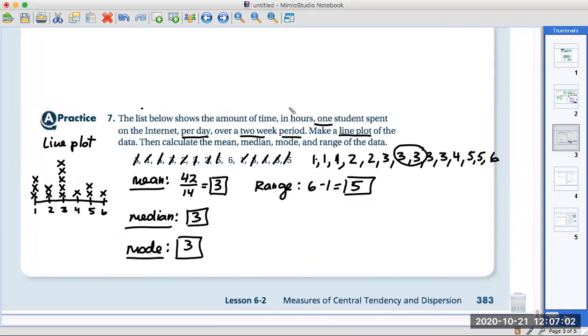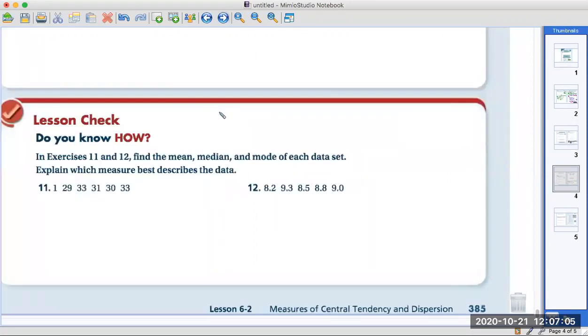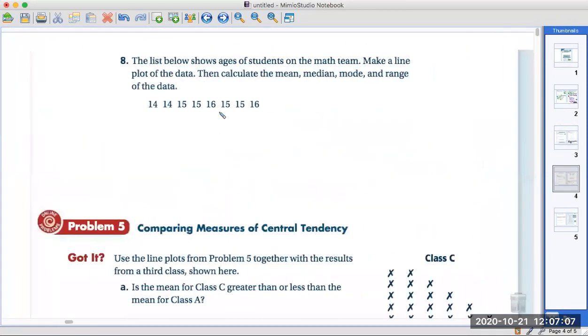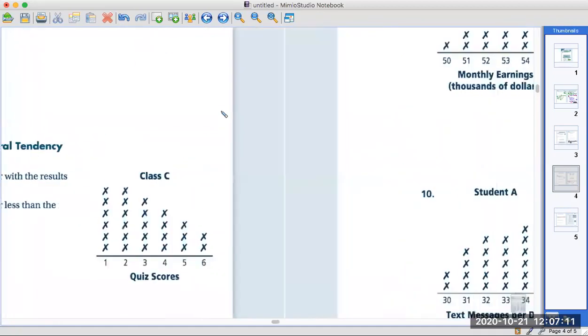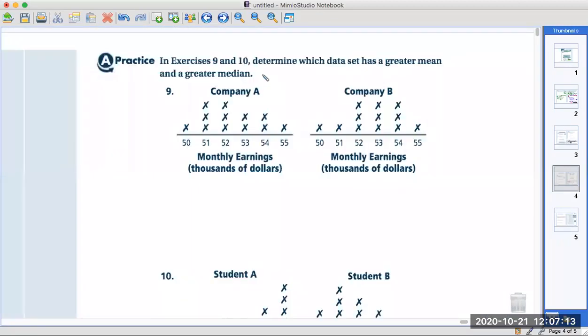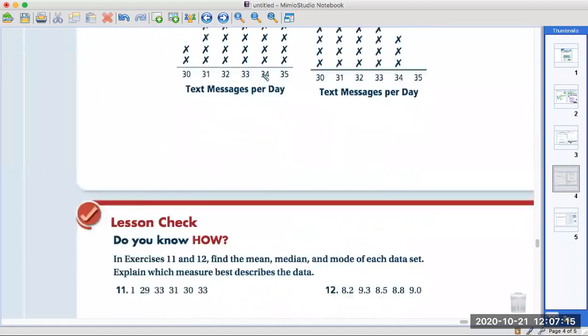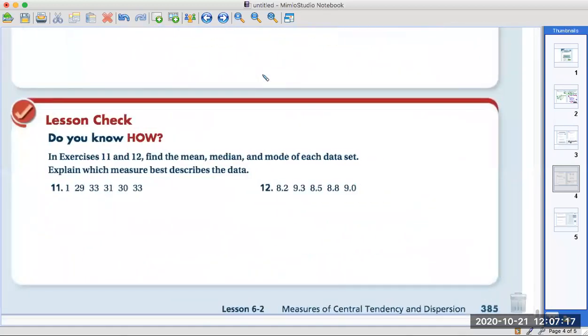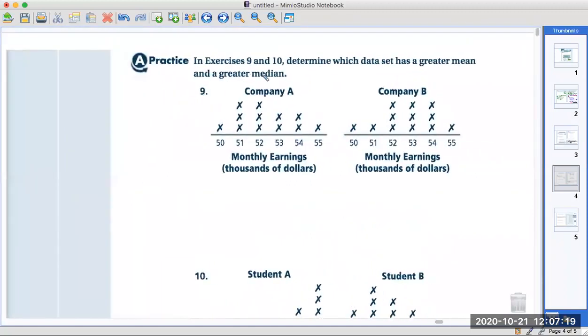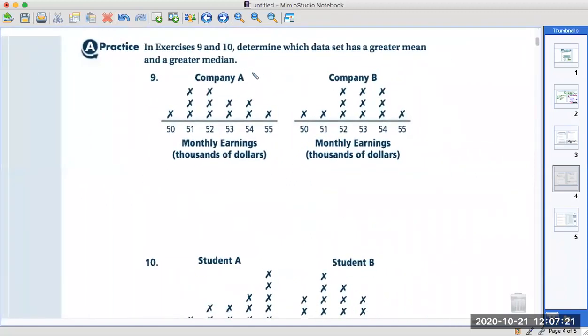Oh, one more page. I didn't do anything on this page. I skipped it. I went to this page, page 385 at the top. In these 2 exercises, we're only going to do number 9.